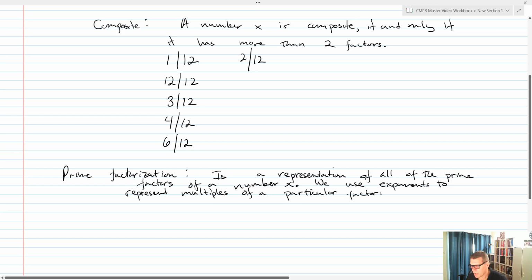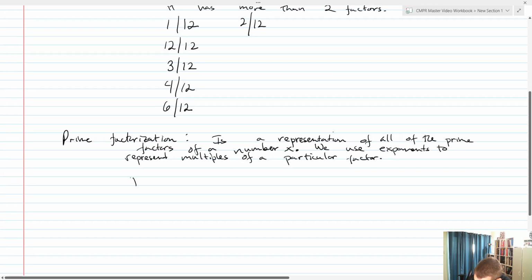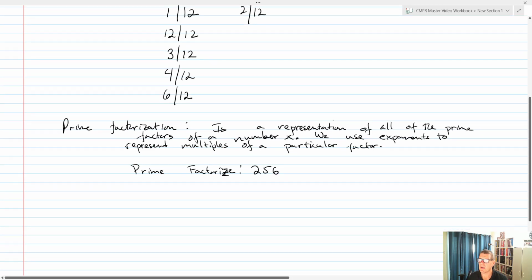All right? So I'm going to use a factor tree to show you what this looks like. Okay? So let's say, for example, I want to prime factorize 256. Okay, so I've got 256, and what I want to do is break it up into its primes.